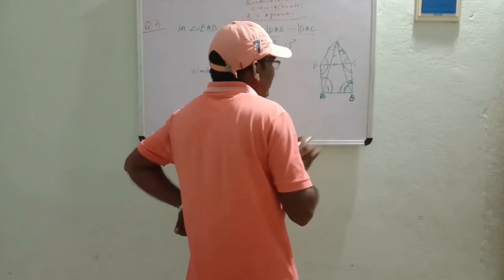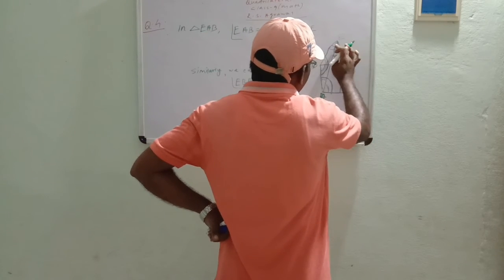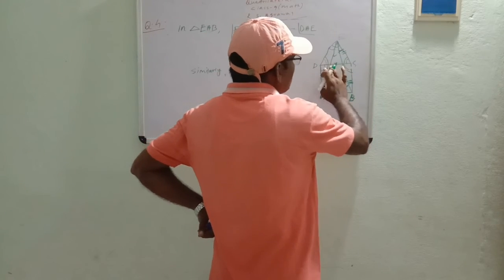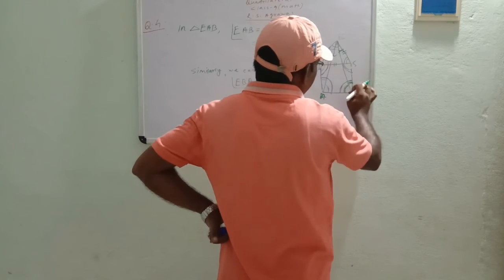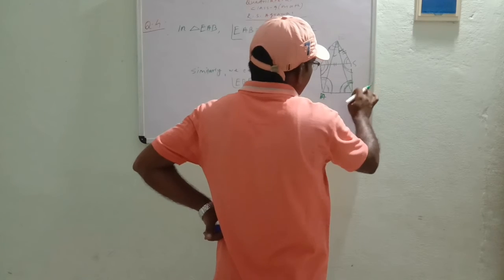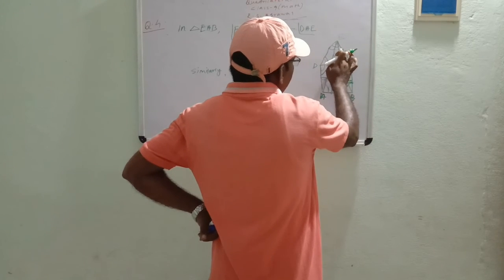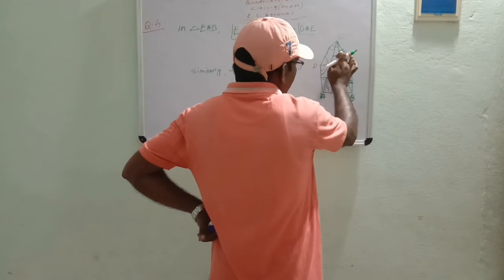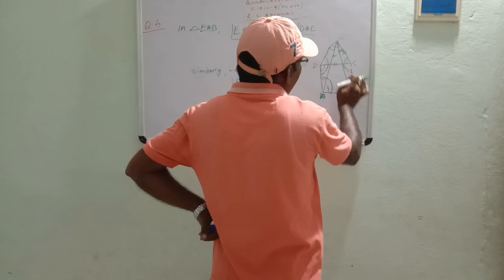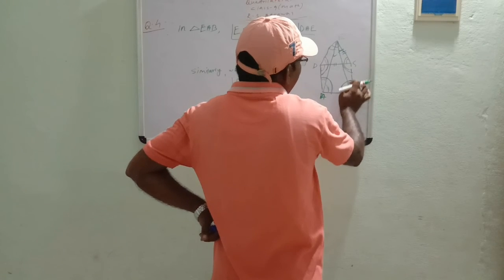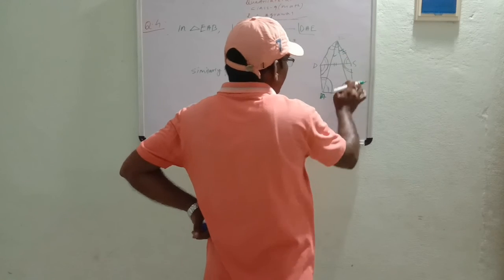Therefore, all the sides of the equilateral triangle and all the sides of the square are of equal length. So we can say that in triangle CEB, CE equal to CB. As these two sides are equal, their opposite angles must be equal. But you have already found out sum of these two angles is 30, then each angle will be 30 by 2, that is 15 degree.